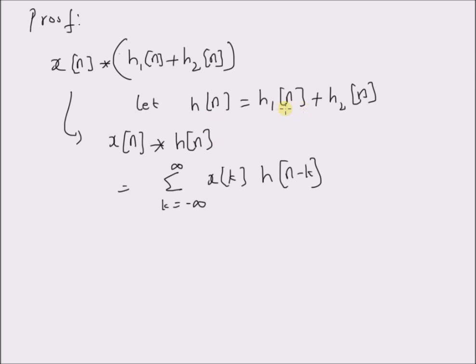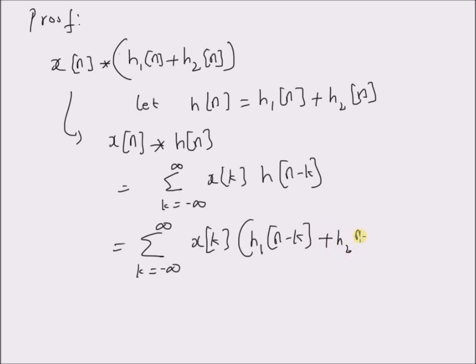And since h of n is equal to h1 of n plus h2 of n, this can be rewritten as summation k equal to minus infinity to plus infinity x of k multiplied by h1 of n minus k plus h2 of n minus k.